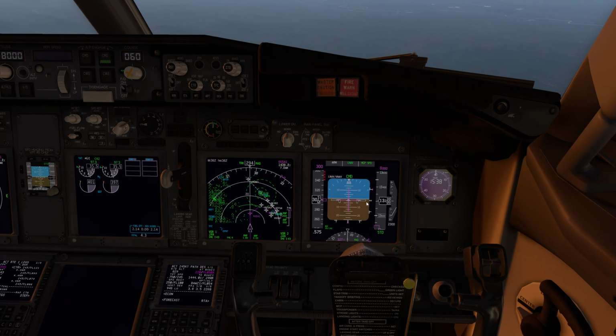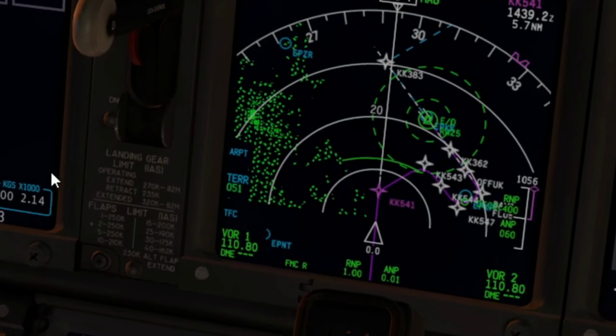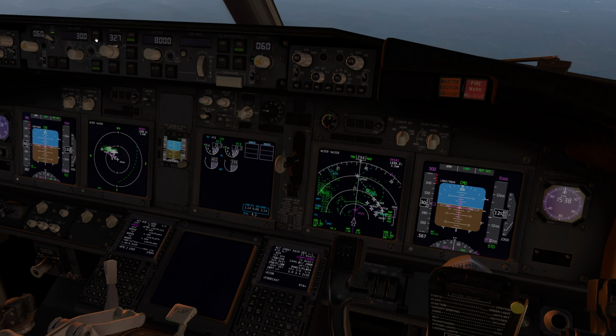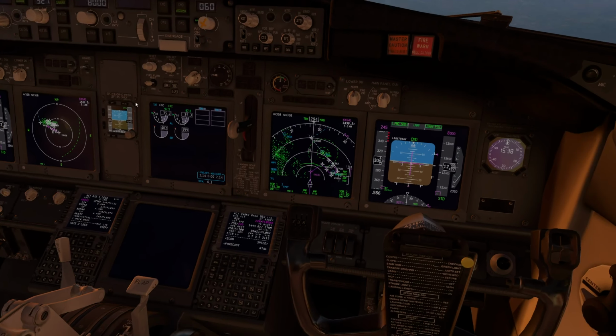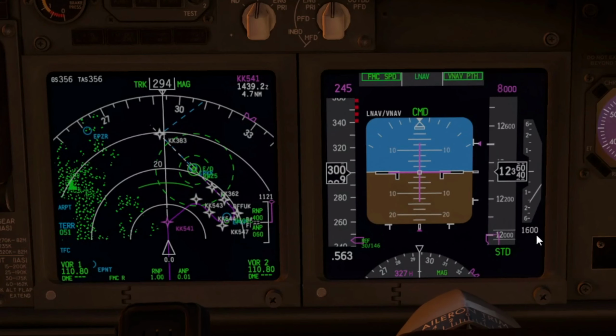Now in reality, 3 times is too conservative and 2 times is not enough. So here I'll say not at 1500 feet, not at 900 feet, but I'll do it at something like 1100 feet or something like this. And then you will see what will happen. At 1100, we press VNAV, we go on VNAV path, we are decreasing our rate of descent.